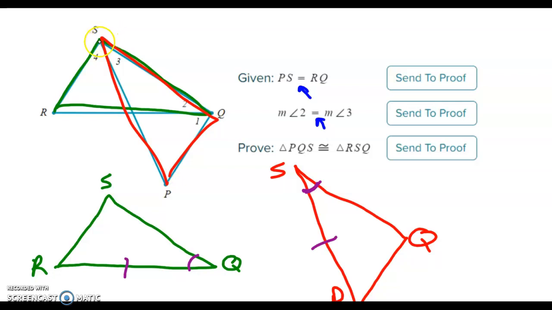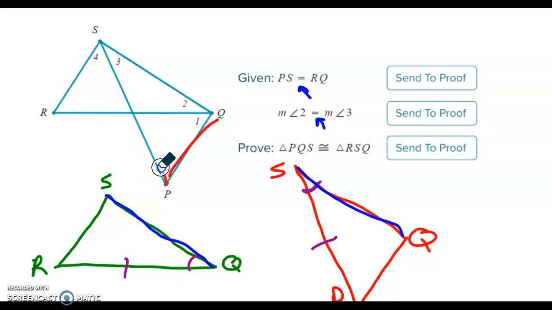And if we notice that SQ side is fully in both triangles, okay? So that SQ side right here fully belongs to both those triangles. That is going to be the side that they both share.